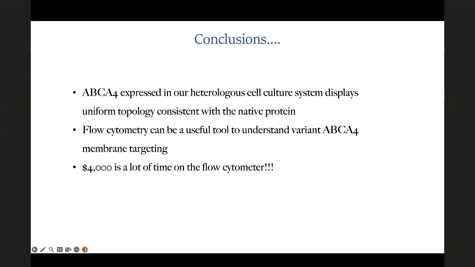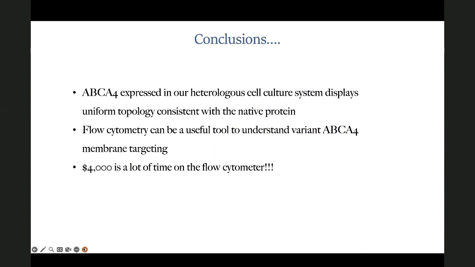Thank you. So our conclusion, as she said, is that ABCA4 expressed in this heterologous cell culture system displays a uniform topology that is consistent with that of the native protein. We found from this that flow cytometry can be a useful tool, and it can perhaps help us to understand other ABCA4 genetic variants that have difficulties with membrane targeting.